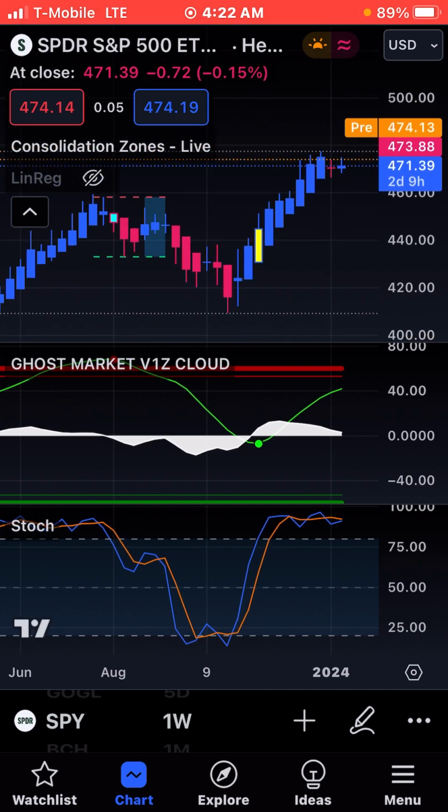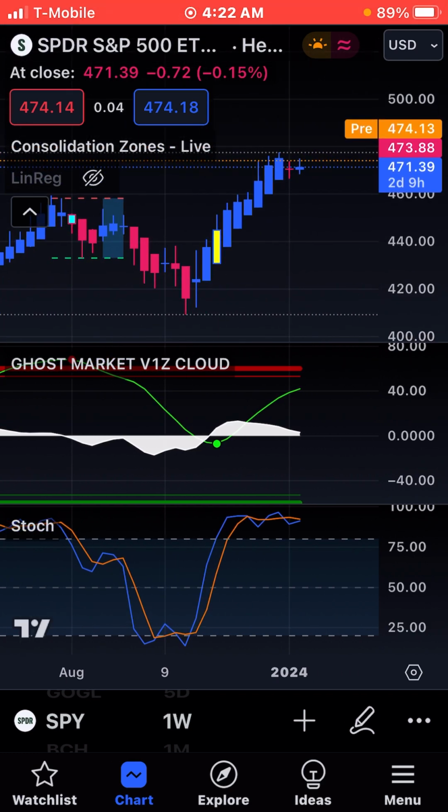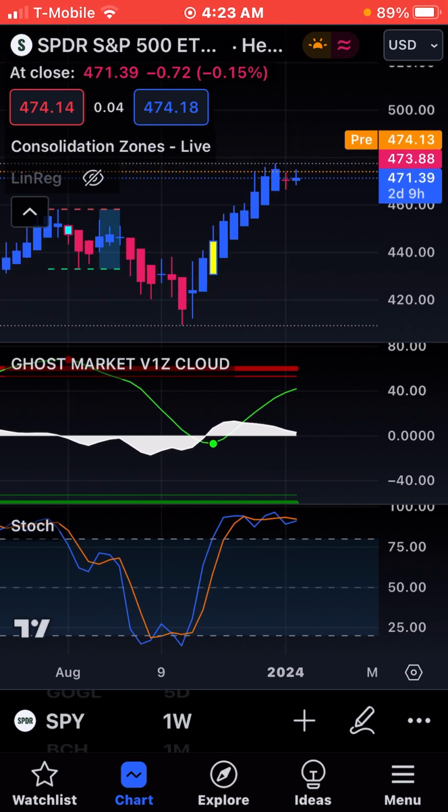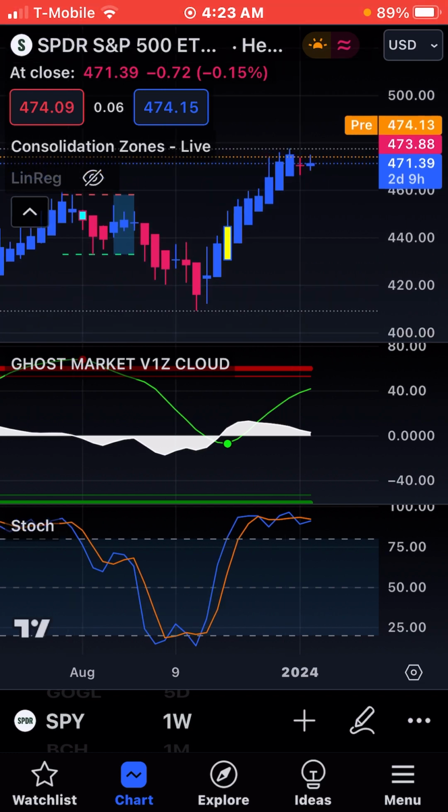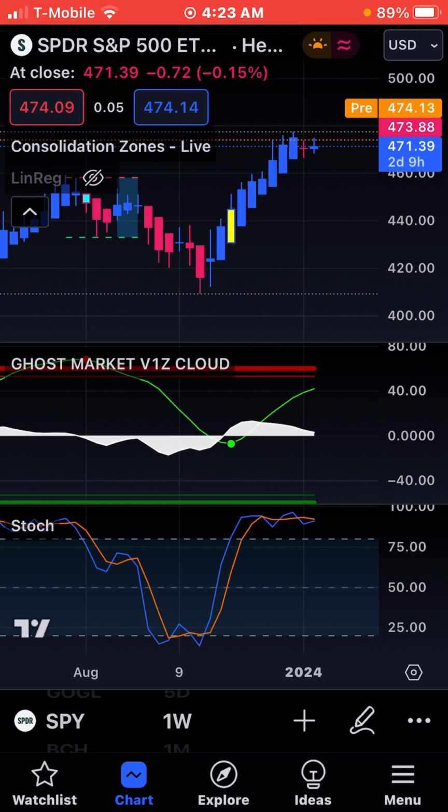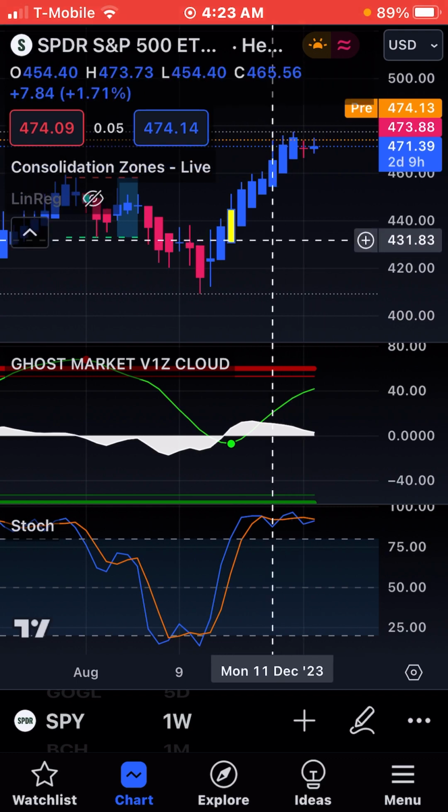The setup is real simple. We're doing this on the weekly to get into those good moments. What you want to look for is the cloud.